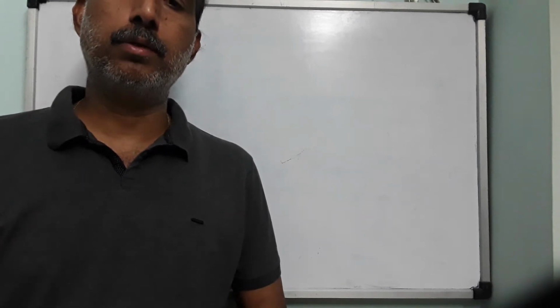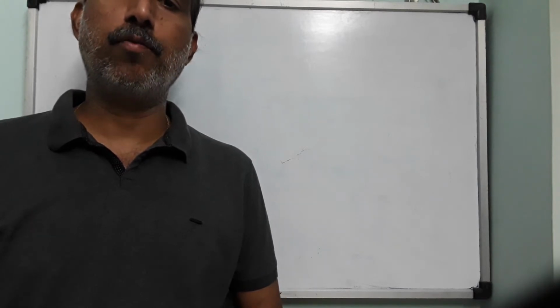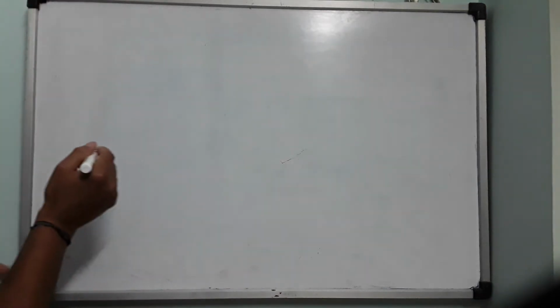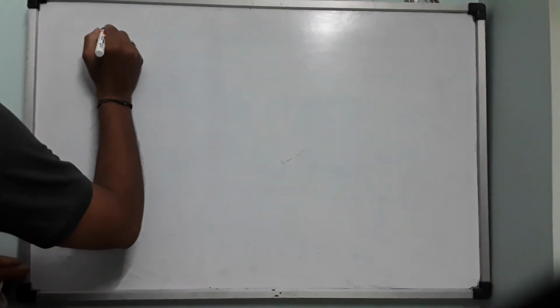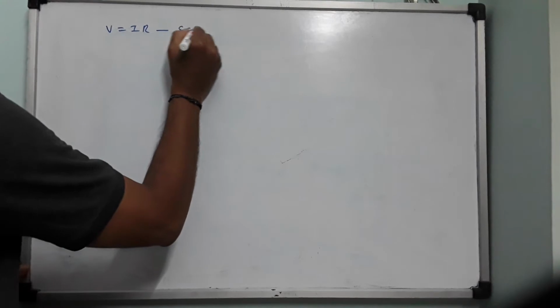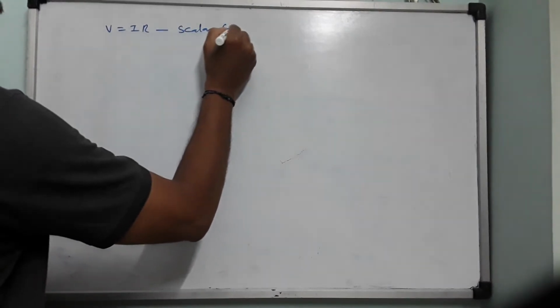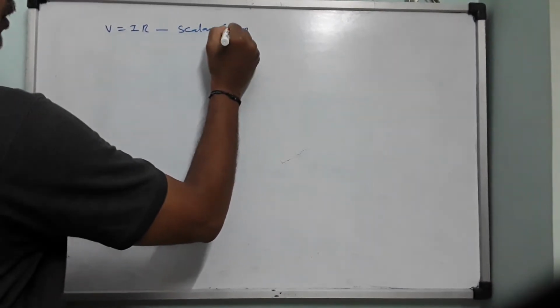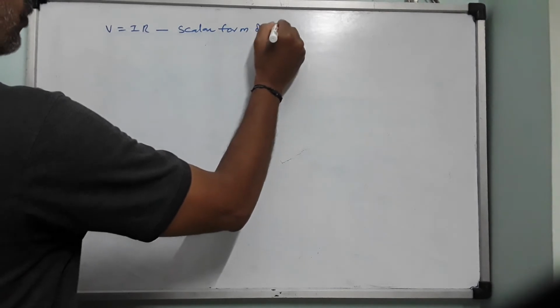Generally, V equals IR is known as the scalar form of Ohm's law.